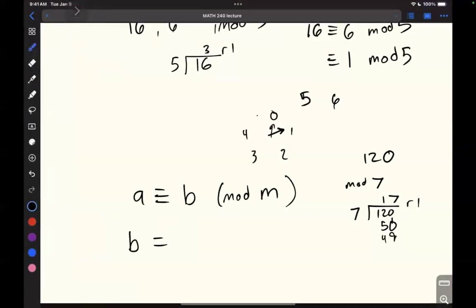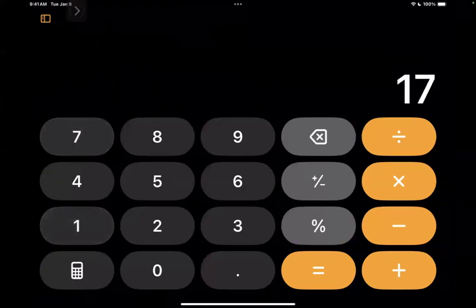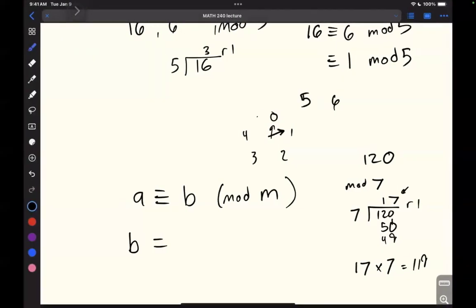A calculator won't give us a remainder by itself, so we take 17 and find out just how off we are. 17 times 7 equals 119. Then we do 120 minus 119, and that gives us 1. So that's another way to find out what the remainder is.